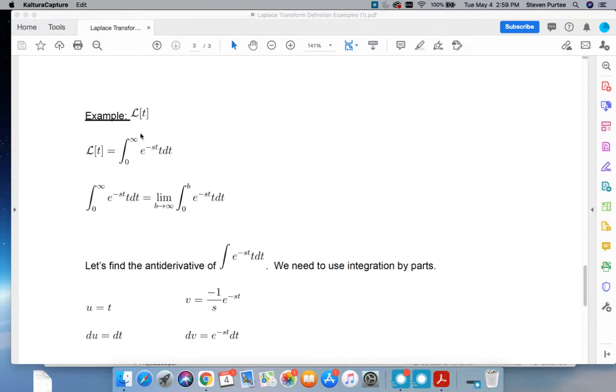We always have this e to the negative st there and the dt, and we just take our function and stick it right there. Okay, again, I'm going to be formal here and say, well, this limit of integration of infinity, we put a b there, and then at the end we'll take the limit as b goes to infinity. You might remember that from Calc 1.